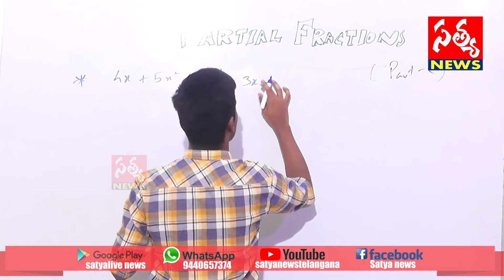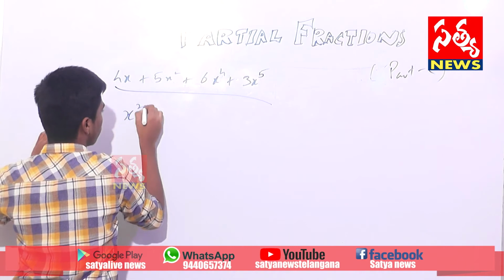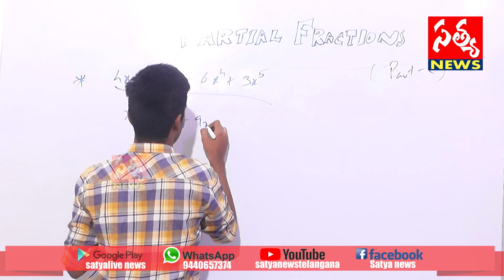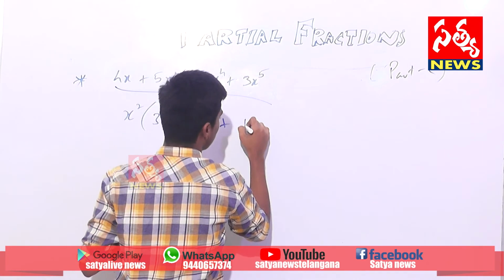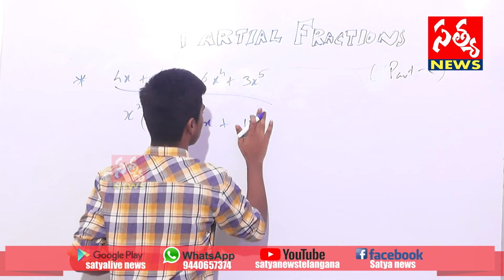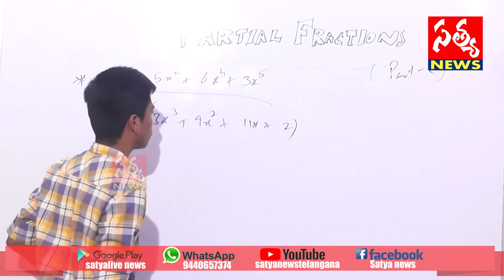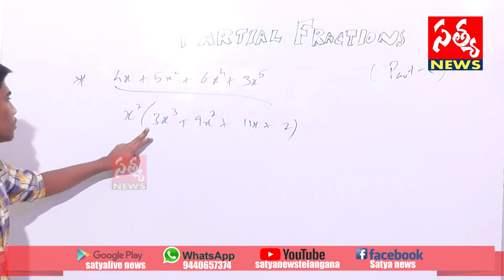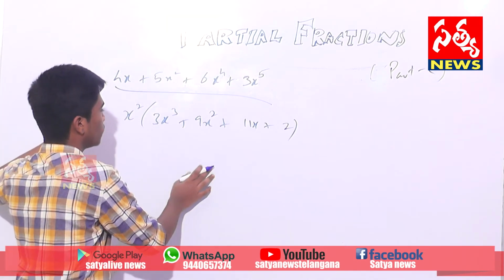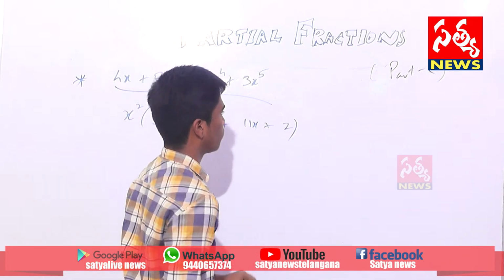Sorry, let's take it as 5 by x square into 3x cube plus 9x square plus 11x plus 2. Okay, this is a partial fraction where it consists of x square into 3x cube plus 9x square plus 11x plus 2 in the denominator.